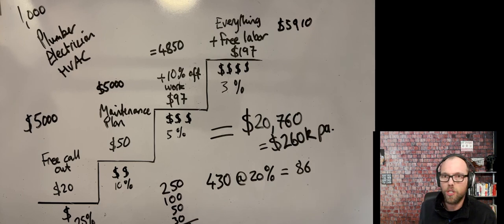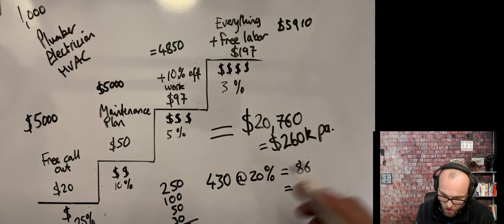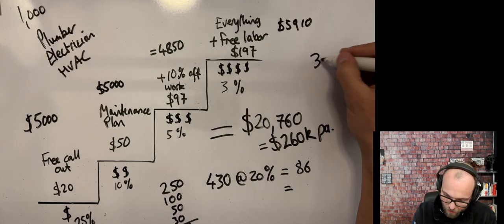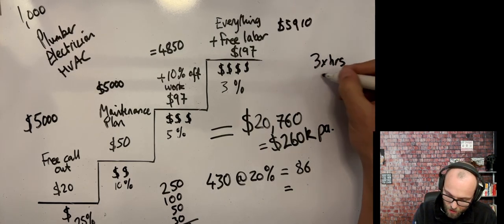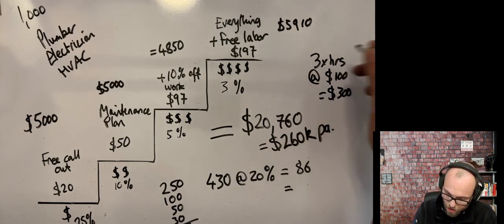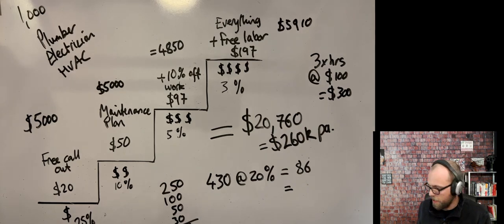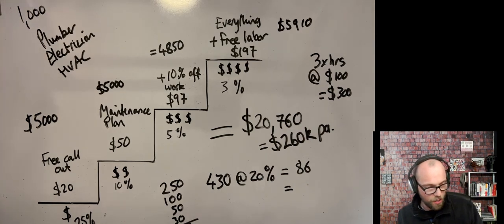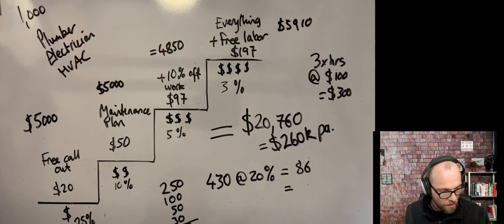86 customers, how much money would you lose out on from the labour? You'd need to work that one out. Let's say it's 3 hours labour, $100 an hour. That'll be 300. You'd lose per customer 86 times, oh gee whiz, let me try and do some public maths here. 300 times 86.